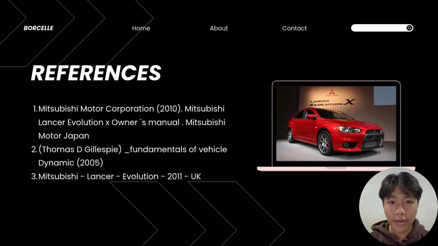Alright, so lastly for the references, we have three items that we used to gain all of our information from. The first one is the Mitsubishi Lancer Evolution X owner manual. That is where we gain all of the info about the Evo X, such as the wheelbase, the weight, the gear ratio, and so on.